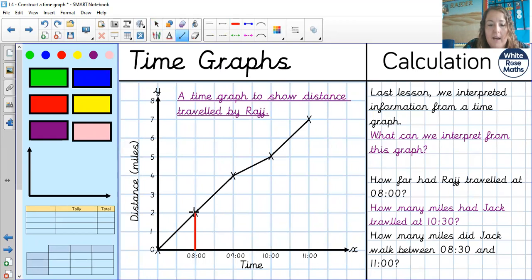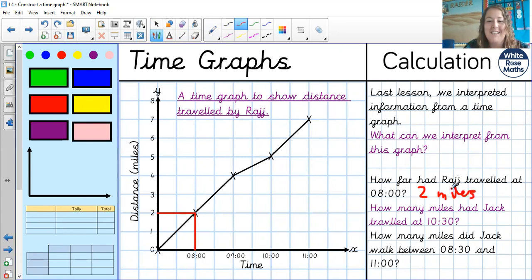Then from that line, I'm going to go to the left on the Y axis and see that it lines up with 2. So I know that Raj had travelled 2 miles at 8 o'clock. Oh, and you're going to have to get used to my funny writing with my trackpad again.